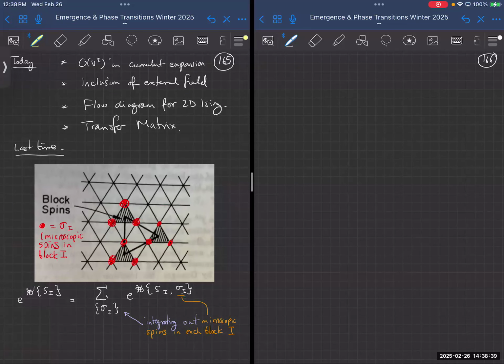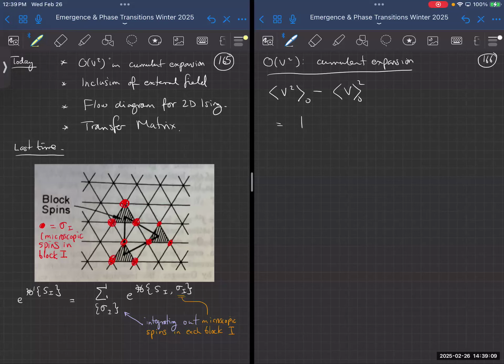So I'm just going to jump straight in with computing the second order cumulant expansion. So what we have to calculate then is the next order term, which is the expectation value of V squared minus the expectation value of V, all squared. And if I write that out, that is a fairly complicated thing.